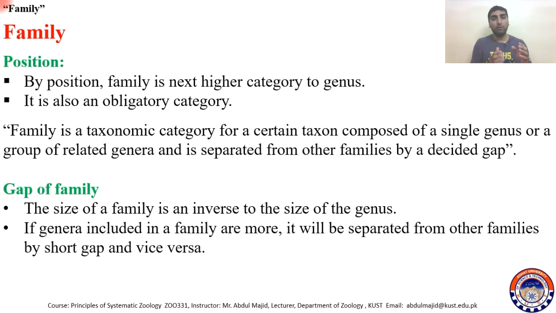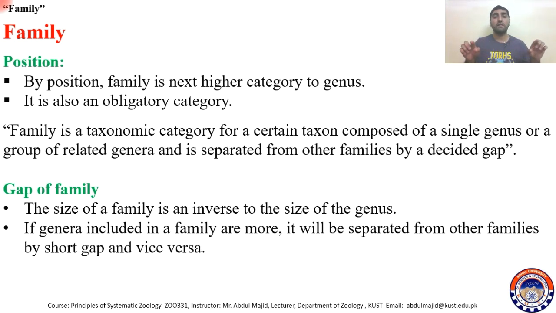When the number of genera increases inside a family, the gap between that family and other families decreases, because more and more similar characteristics are adding up. And when there are very few genera in a family, the gap between the families increases, because the characteristics are less and less similar.